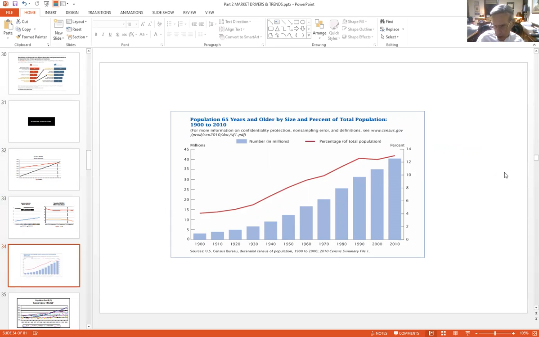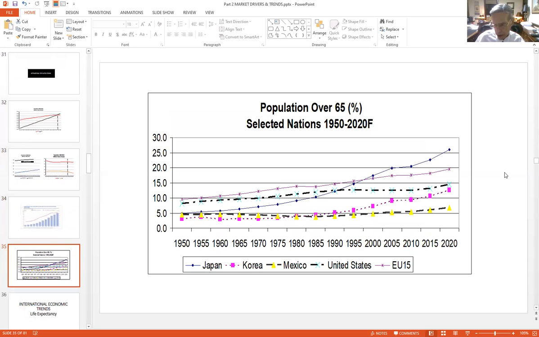We'll see in later exhibits that that percentage has now grown to about 15%. So it's still rising. Seniors in the US, folks 65 years and older, are becoming a much more important demographic group. And therefore, marketing professionals need to take that into consideration.